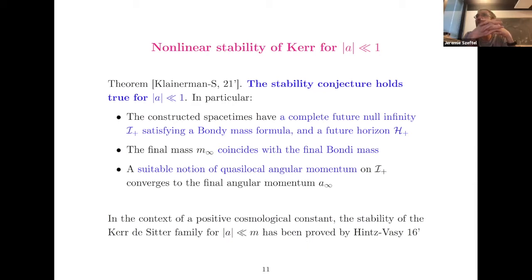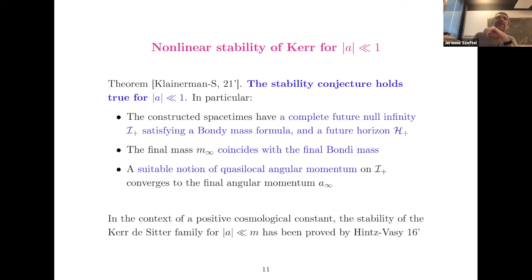And I can look at the analogous problem of the stability of Kerr-de Sitter, and the analog of the problem I'm just describing for Kerr was proved by Hintz and Vasy in a seminal paper in 2016 in this context. So small angular momentum, stability of the Kerr-de Sitter family. I should say that these are quite different equations, but if you want, there is a clear analogy between the two problems.